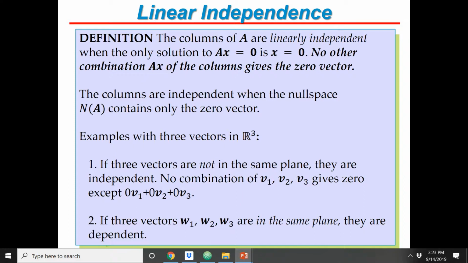Okay, so let's look at a very particular example so we can affiliate this with geometry. You can take 3 vectors in R3, and we will try to identify 3 vectors v1 to v3 that are independent and 3 vectors w1 to w3 that are dependent, and see what familiar view we get from geometry.